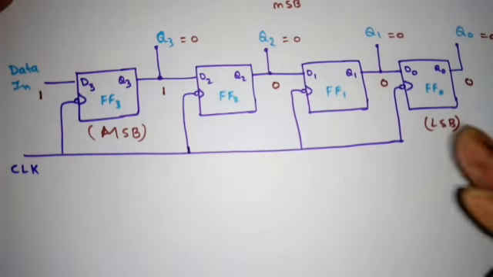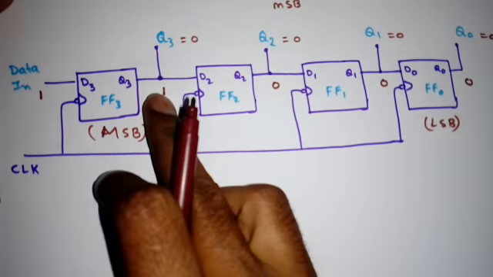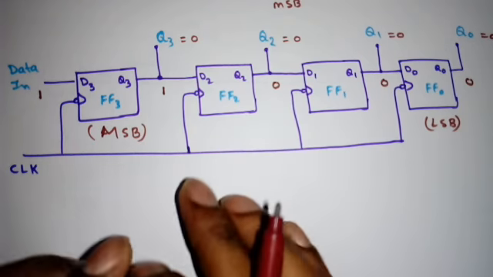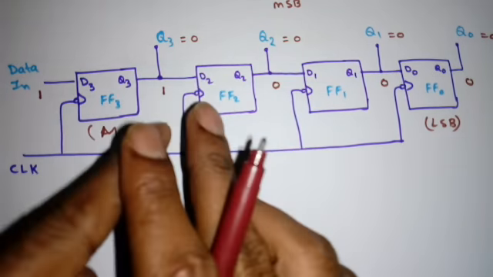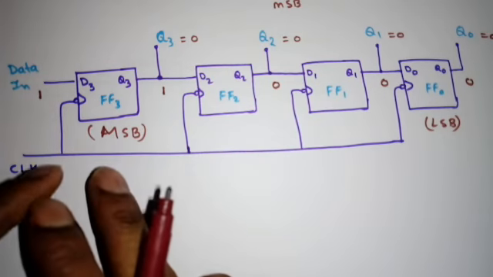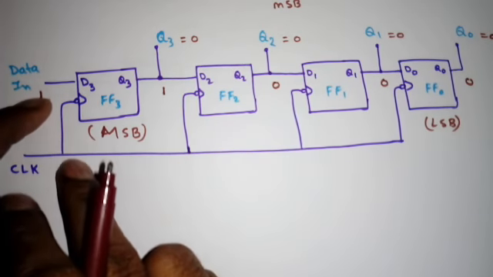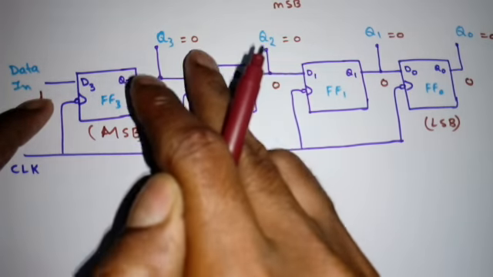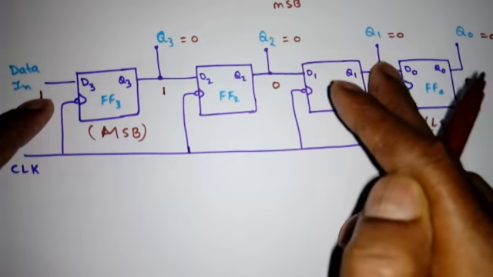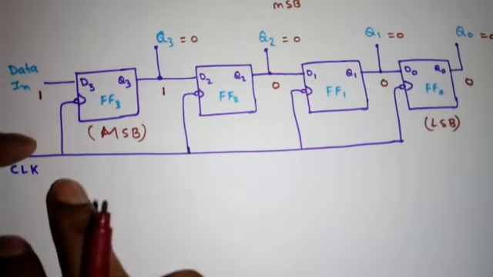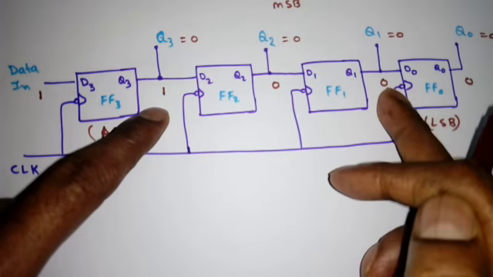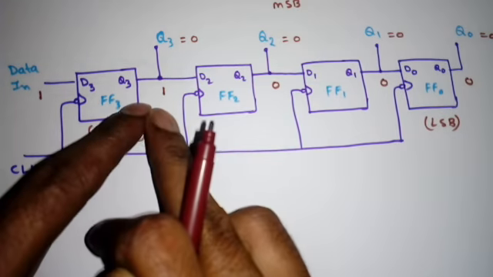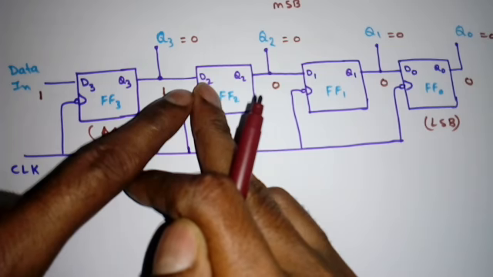Sometimes we may get a doubt: will this 1 be transferred here? No, we are applying the same clock, so whatever is available at that moment, only that will be transferred. See, when we apply 1 and we apply the clock, the D2 input is 0, D1 input is 0, D0 input is 0. Right? The moment we apply the clock, this 1 is transferred here, this 0 is transferred here, this 0 is transferred here, and so on. Right? So don't take this 1 as the input of the D2 flip-flop.